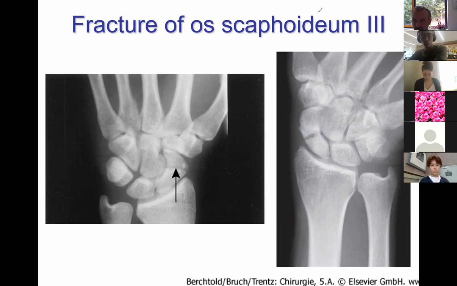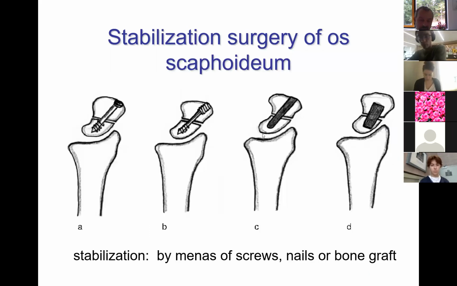And if you find it, you have to apply a plaster for several weeks. And if it does not heal, you have to put a screw or a nail or even a bone graft from the iliac bone to treat it. So please remember, fracture of the scaphoid bone is the most common fracture of the wrist bones, and it's very, very dangerous. So it has to be treated with care. Yeah, please do not forget that.